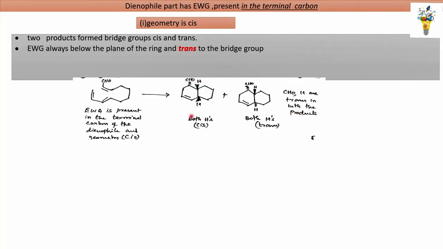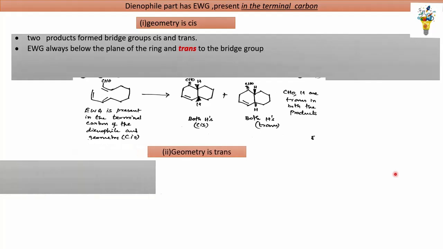Here the bridge groups are cis and here the bridge groups are trans. But the CH2 and hydrogen are in the trans position. It is below the plane and it is above the plane. So the terminal bridge group is always below the plane. Okay, and the bridge groups are trans to each other. Okay, then the geometry is trans.